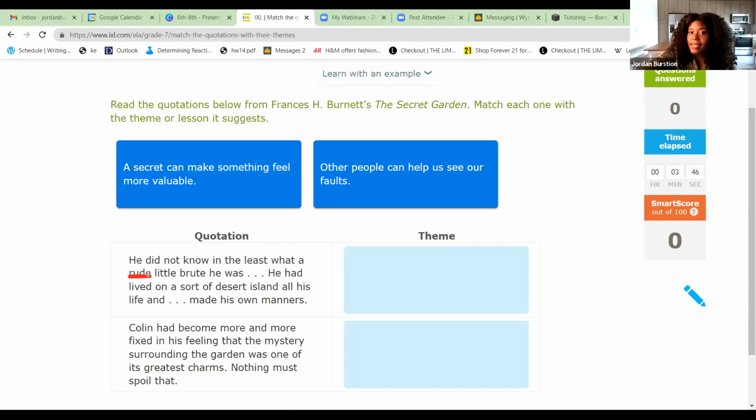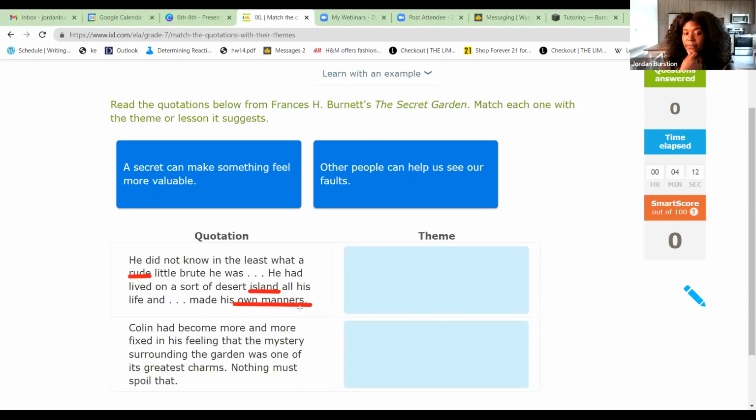He didn't realize his behavior was rude and unacceptable. He lived on an island all his life and made his own manners. So he wrote all the rules. He decided what was appropriate, what was the best practice, and he had no one else to tell him if what he was doing was right, wrong, or rude.